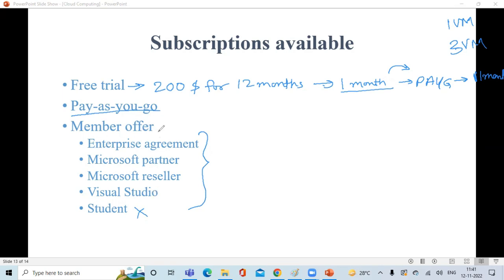So member offer is a kind of membership with Microsoft. It's an enterprise agreement, EA agreement. If you have a very big organization, like Mahindra and Mahindra Group of Industries, or Reliance, or Accenture, or TCS, they have a direct connection with Microsoft.